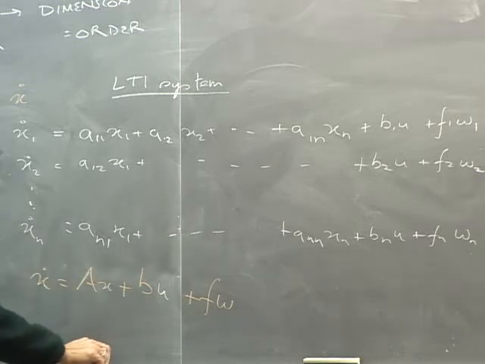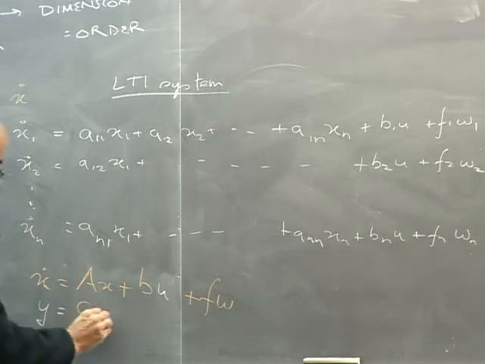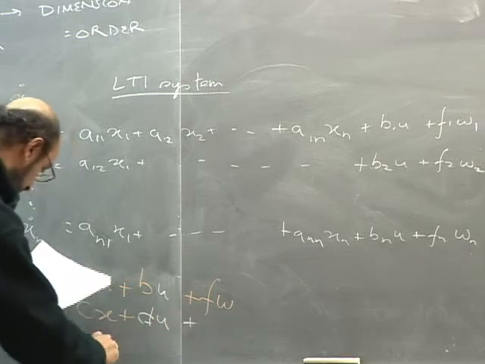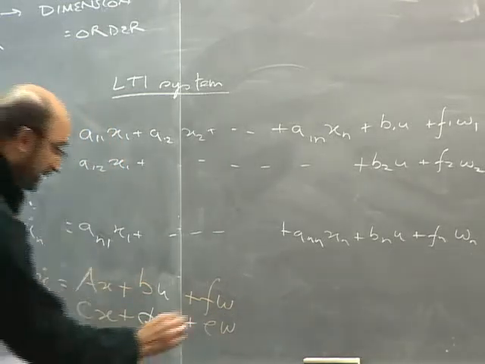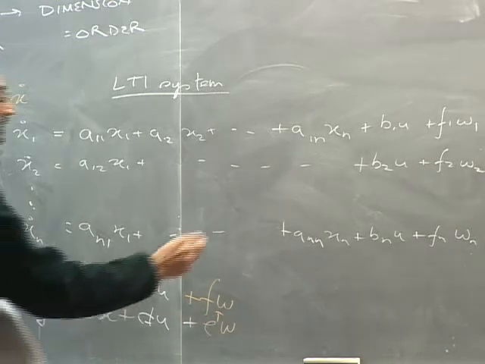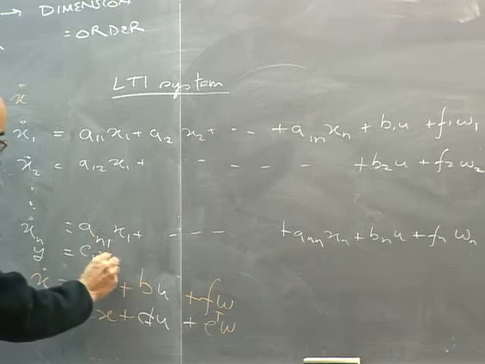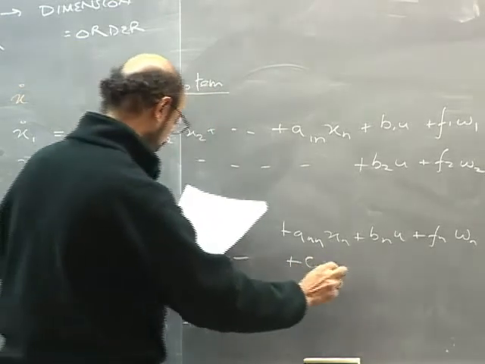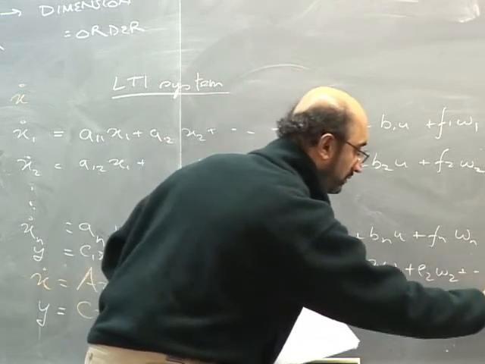And then the output equation, y is going to be scalar. So y equals the vector c transpose multiplied by x plus d u, because u is a scalar, plus e transpose w.